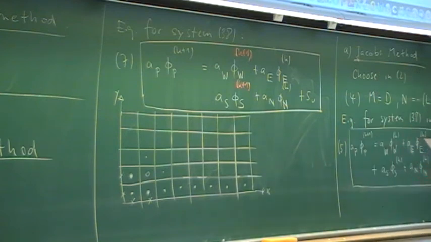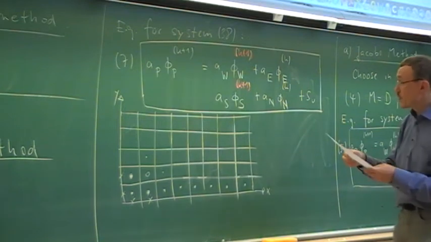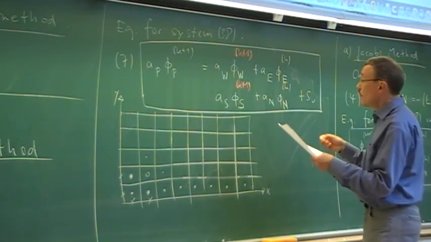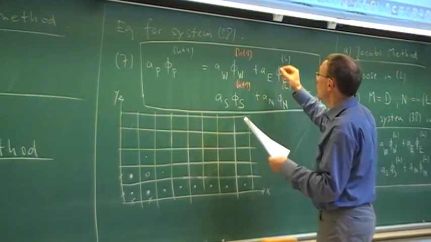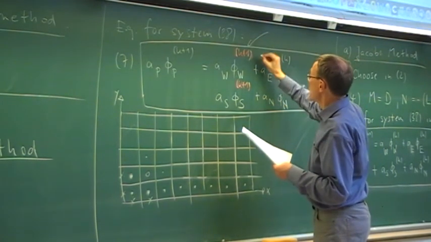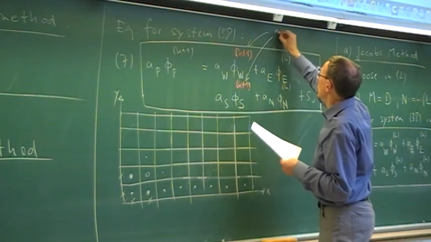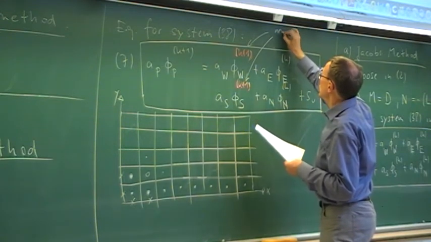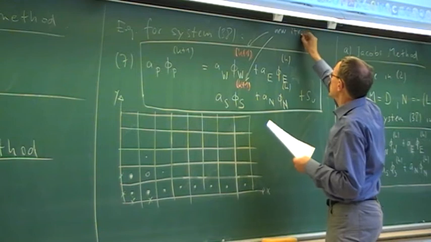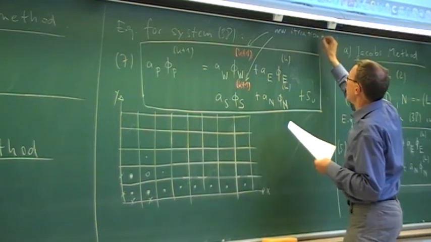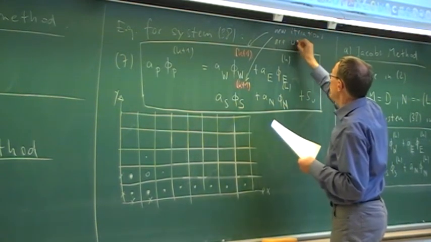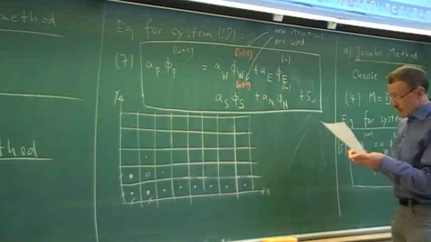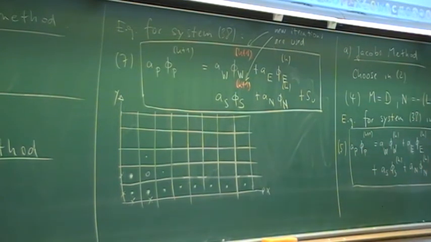We get directly the new value. So that is the difference between the point Gauss-Seidel and the point Jacobi. So this is then called the point Gauss-Seidel. That means the new iterations are used as soon as they are computed.